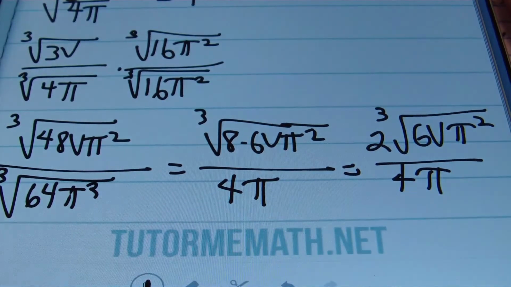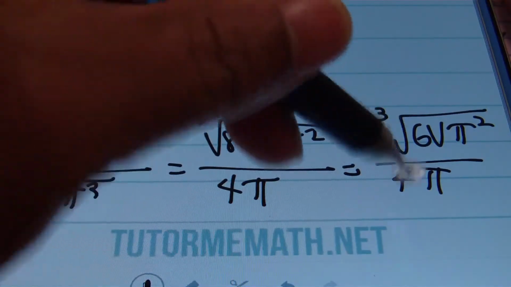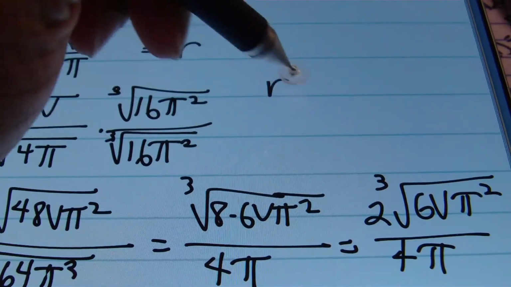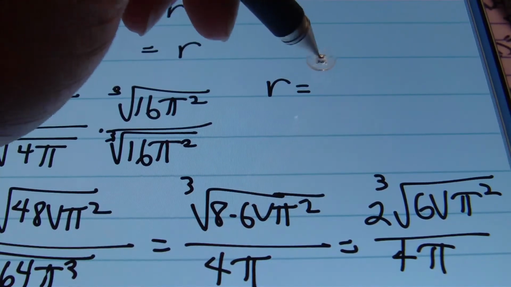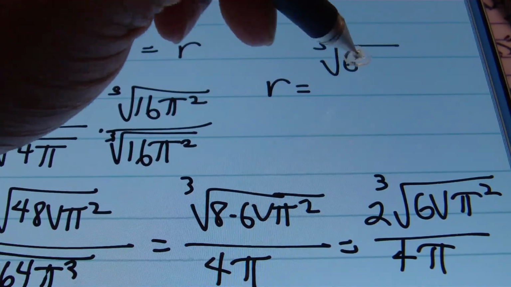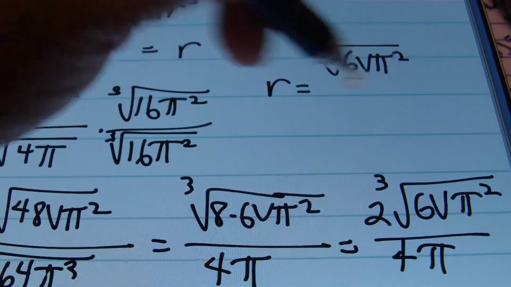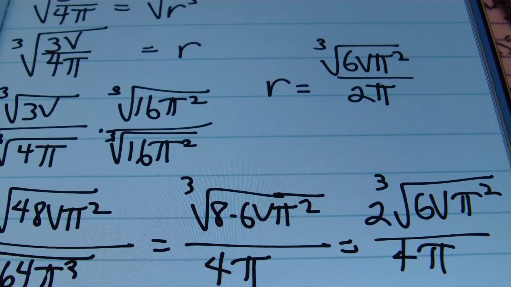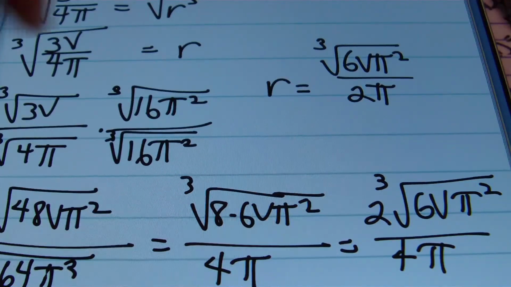And then from here, you'll end up simplifying the 2 and the 4, so you'll end up with the following result. You'll have your radius equivalent to the cube root of 6v pi squared all over 2 pi. And that's it. There's your answer, ladies and gentlemen.